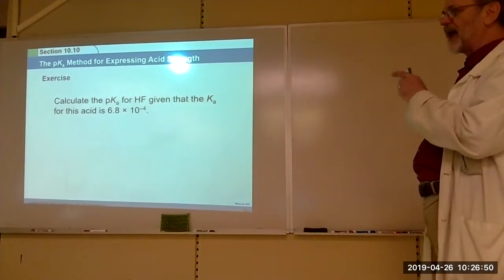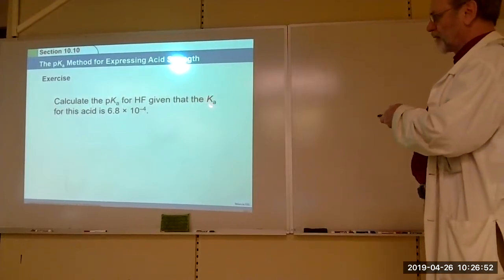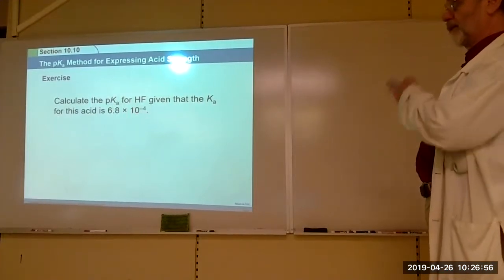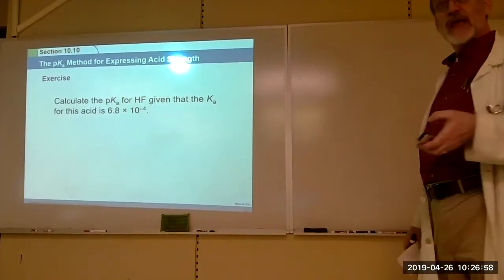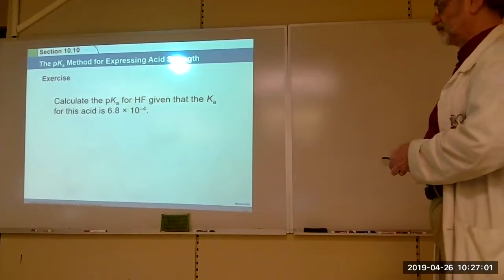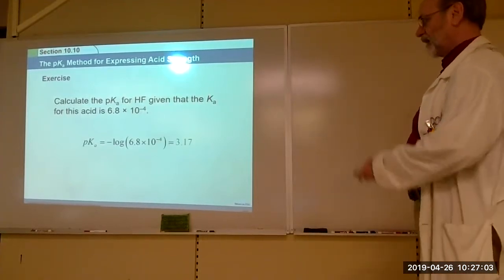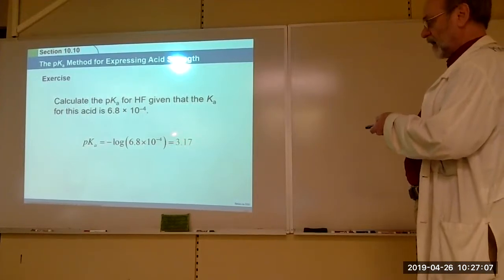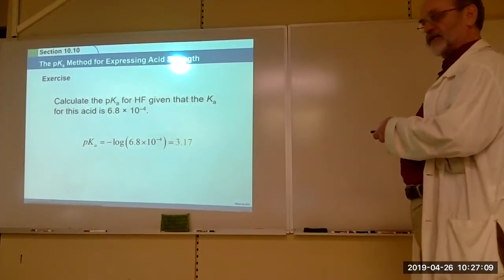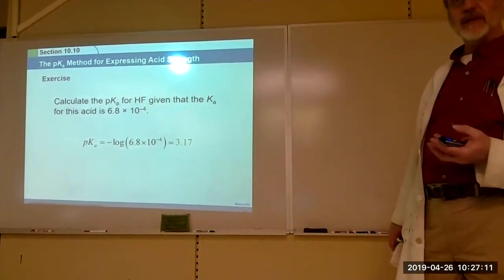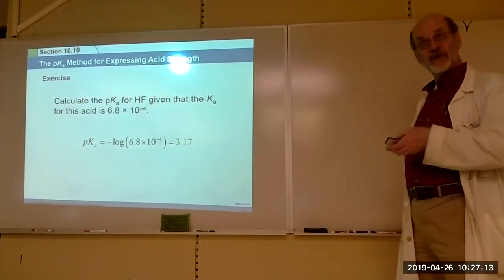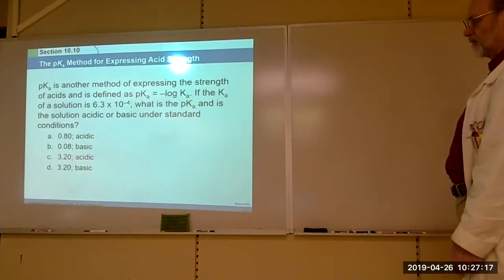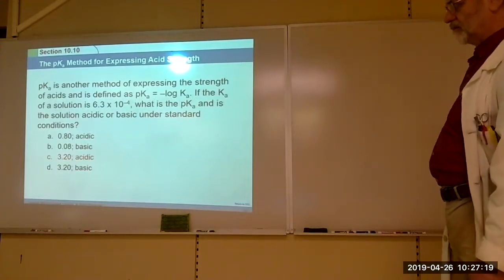Actually, it should be acid ionization constant. For HF it is 6.8 times 10 to the minus 4. So it's a weak acid. And the pKa for that is 3.17. It's still an acid, because anything less than 7 is going to be acidic. Anything greater than 7 will be basic. So there you go. It's acidic.